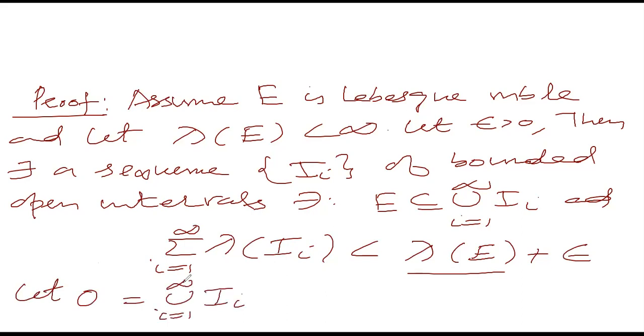Since each I_i is a bounded open interval, each I_i is an open set of R^n, and the union of open sets is again an open set.